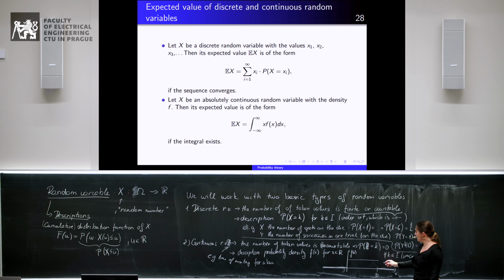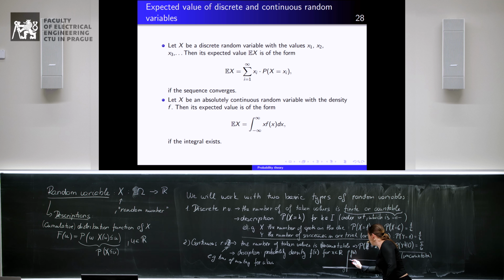So the probability is distributed only between 0 and 10. And in this case, we can see that the probability is distributed uniformly, and this probability density is some analogy to the total probability, and total probability is always equal to 1.